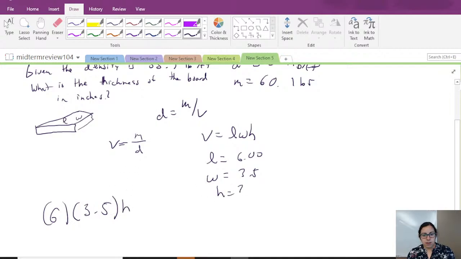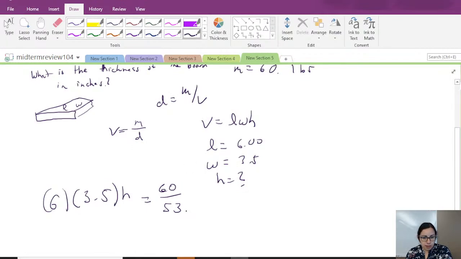We're still trying to find height, so that's now our value of x. That is equal to mass over density, so 60 over our density, 53.7. And at this point, it's just algebra once you get this set up.